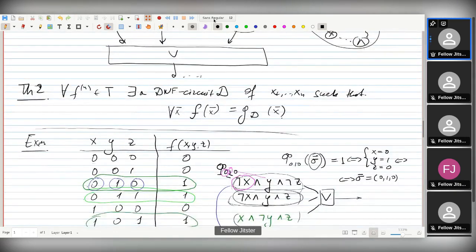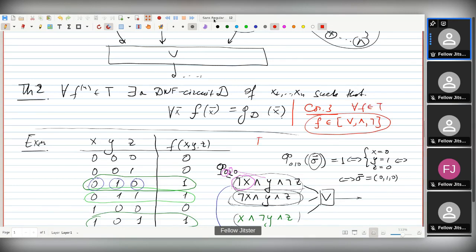As every Boolean function is computable with such a circuit, we can immediately say that every Boolean function is computable from disjunction, conjunction, and negation. Every Boolean function.